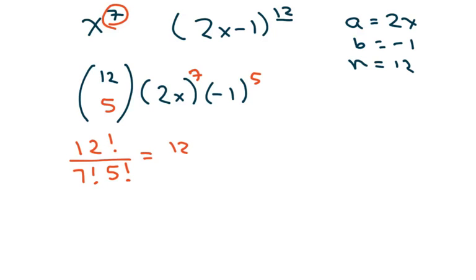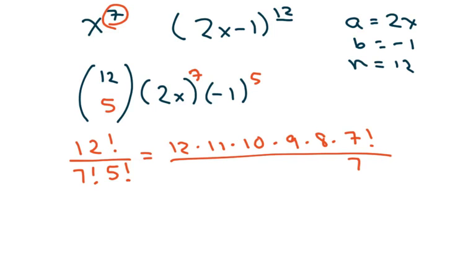And that's going to be 12 times 11 times 10 times 9 times 8 times 7 factorial over 7 factorial. Those two will cancel. And I still have this, so that's 5 times 4 times 3 times 2 times 1. Now I know these two will cancel. 4 times 2 is 8. And 5 goes into 10 2 times. 3 goes into 9 3 times.